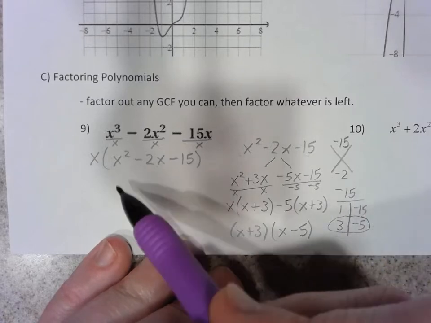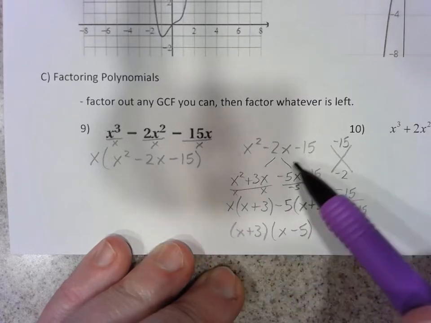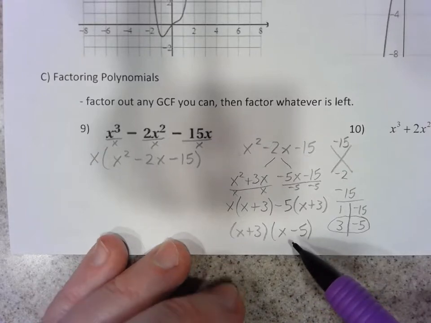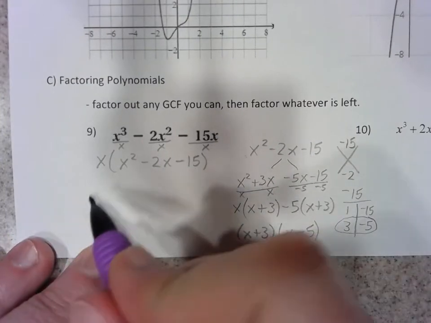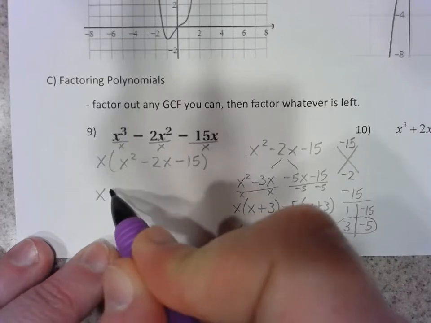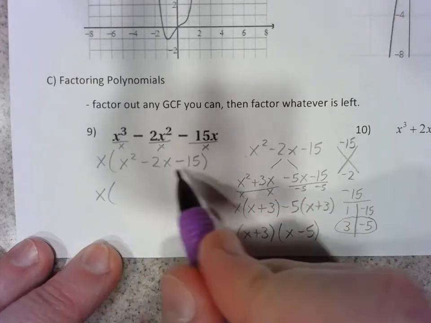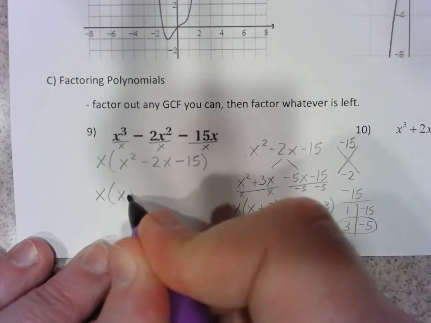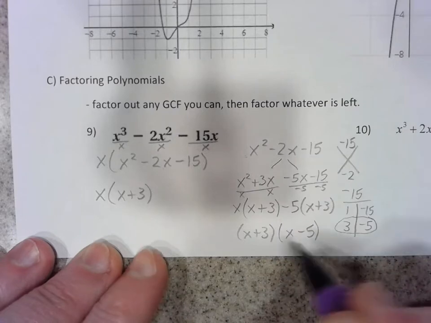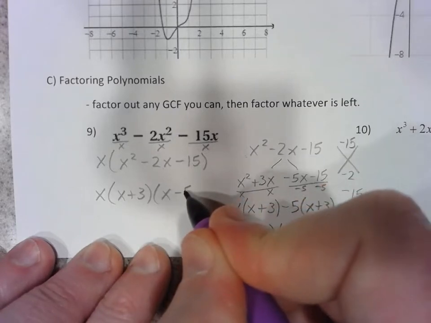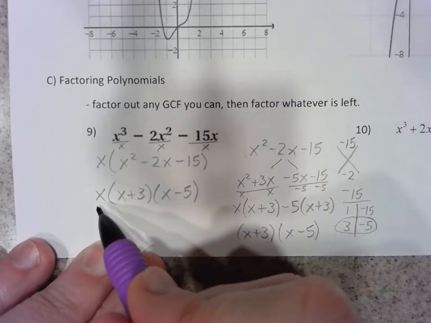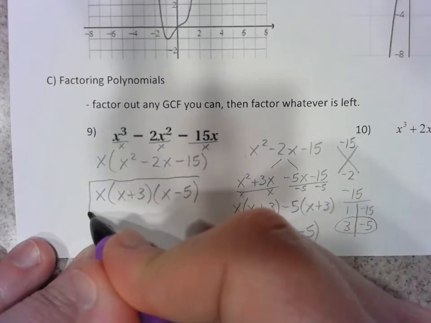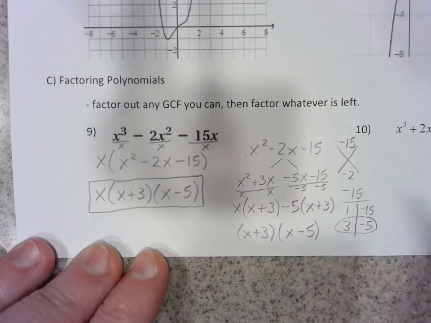So what was inside the parentheses factors into x plus 3 times x minus 5. So I want to go back to this and keep my greatest common factor, but now change the x squared minus 2x minus 15 into x plus 3 and x minus 5. Now there's no more exponents left, so this is fully factored. That's as far as we can go.